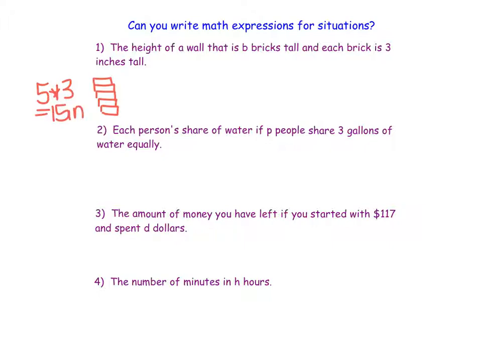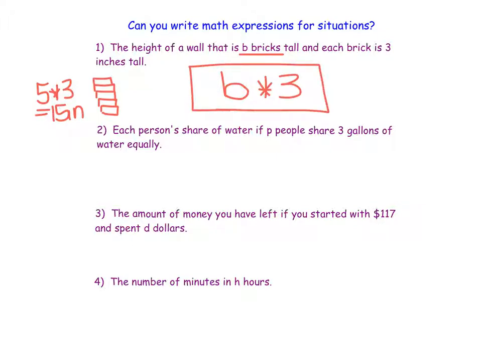So what that's telling me is that the operation I need here for my number of bricks and their height together is multiplication. So in order to write an expression that represents the height of the wall, I'm going to take the number of bricks I have, which is represented by B. And then from there, we're going to multiply B by 3 to figure out exactly how tall that wall is.